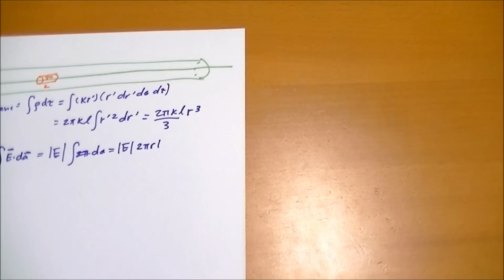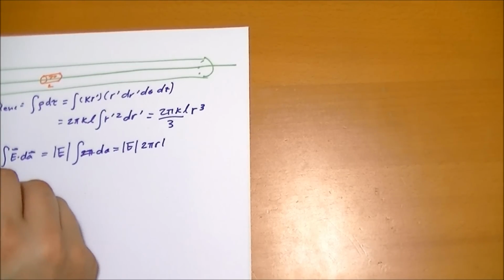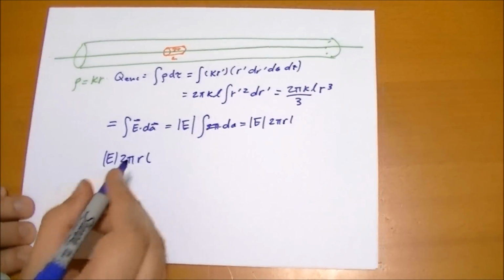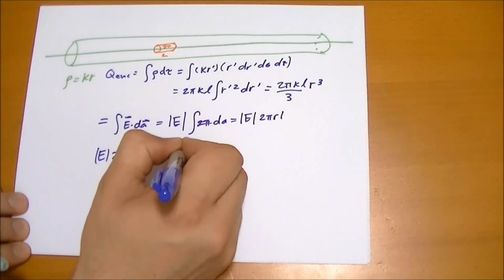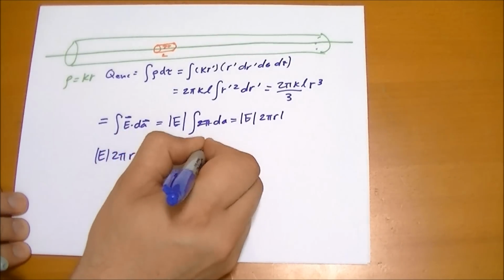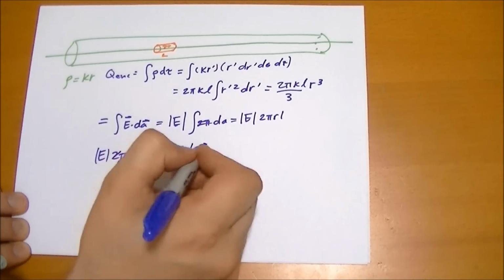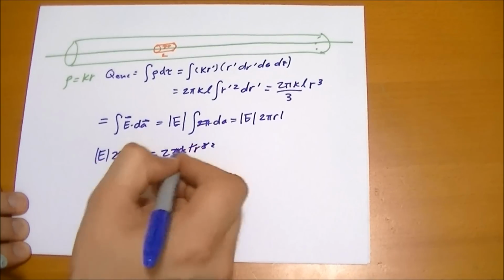So now we have this equal to that, and so we have E times 2 pi rL. Is that even off the screen? That is. Equals 2 pi k L r cubed over 3. Well, this cancels, that cancels, that cancels. One of these cancels. This cancels, that cancels.